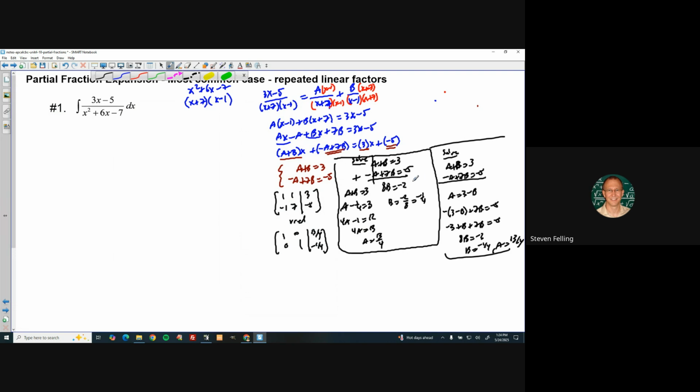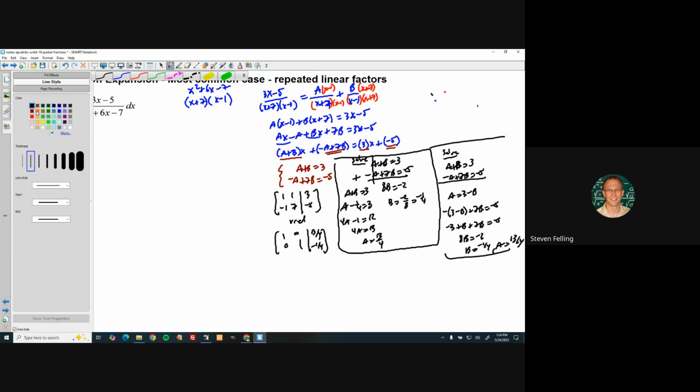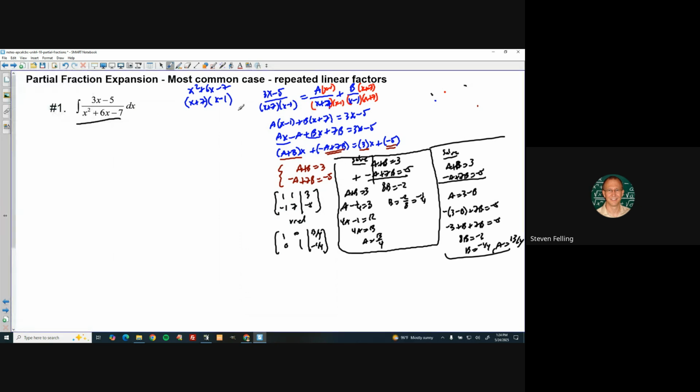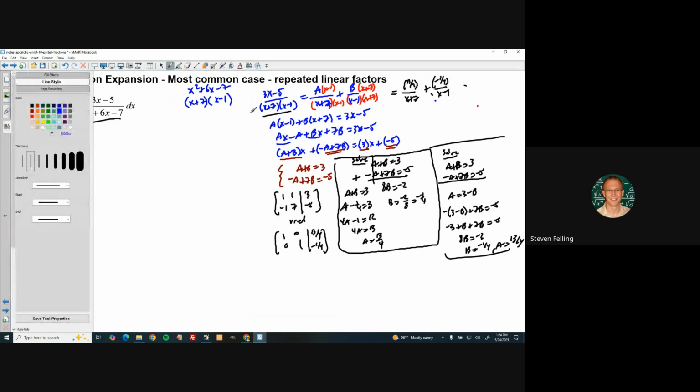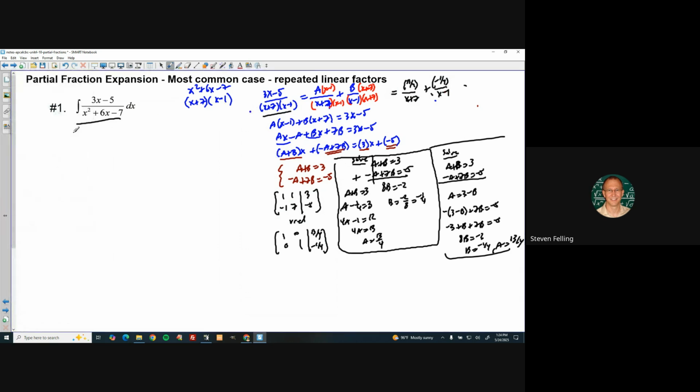Okay, but now that you have that, that means that this original integrand here is equal to the a, which is 13/4 over x plus 7, plus the b, which is negative 1/4 over x minus 1. So to take the next step in the solution, now that we've done this side work, we can say that the integral is equal to, and I will replace the integrand with this.